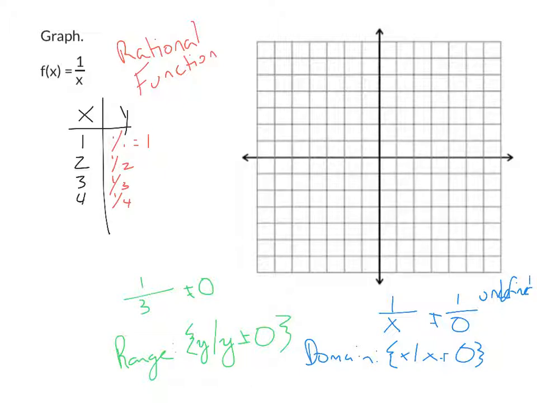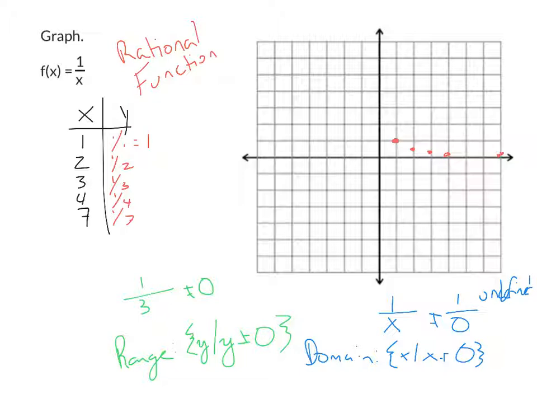So I have the points (1, 1), (2, 1/2), (3, 1/3), (4, 1/4). I'm getting closer and closer to 0, but I'm never actually going to touch 0. The furthest out I can go is 7 on my coordinate plane, and so I get 1/7, and when I'm out there, I'm sitting very, very close to 0, but I'm not actually touching it.